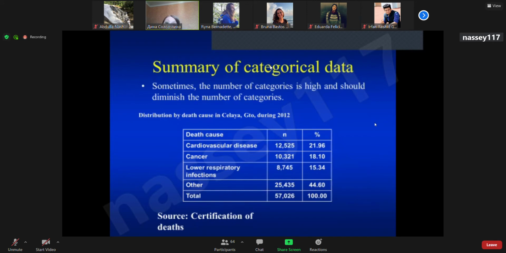Here is example of summary for categorical data when we studied distribution by the cause of death, and we see that the different classes take different percentage in the total. For example, cardiovascular diseases take 21.96% and oncologic diseases 18.1%.